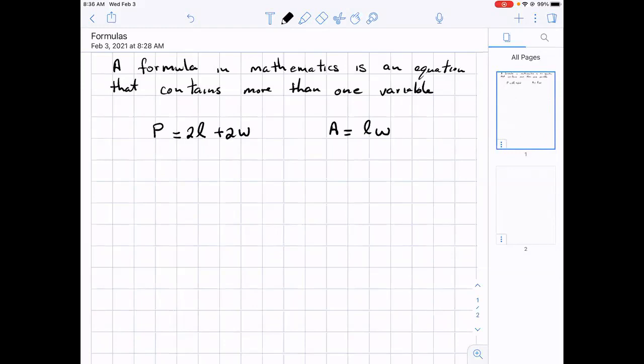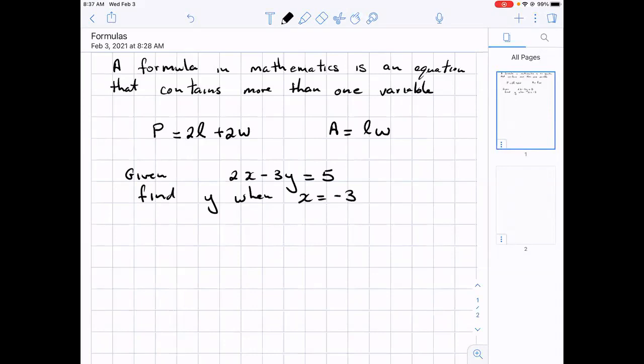Now, to begin to work with formulas, you have sort of done some of this before, in the sense that if you were given a numerical equation, okay, so given, let's say you have 2x minus 3y is equal to 5, okay, and you're asked to find y, okay, when x is equal to negative 3.